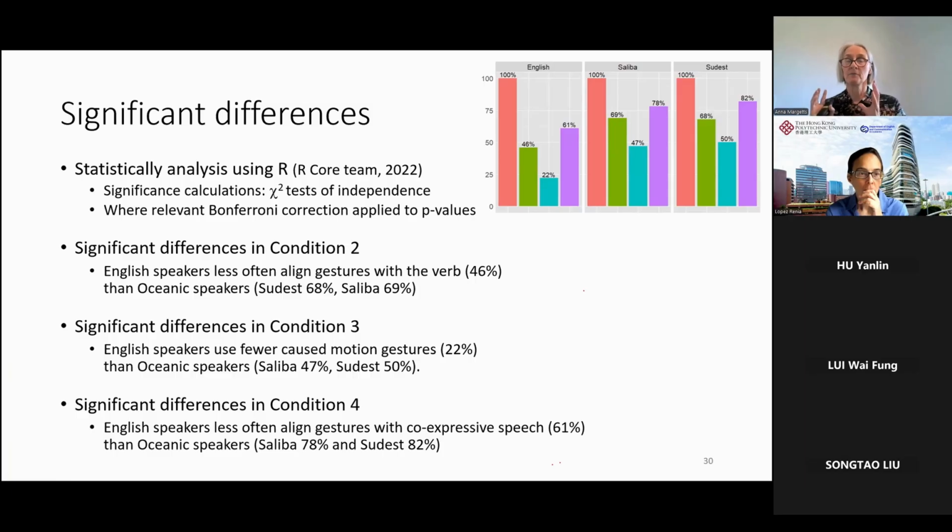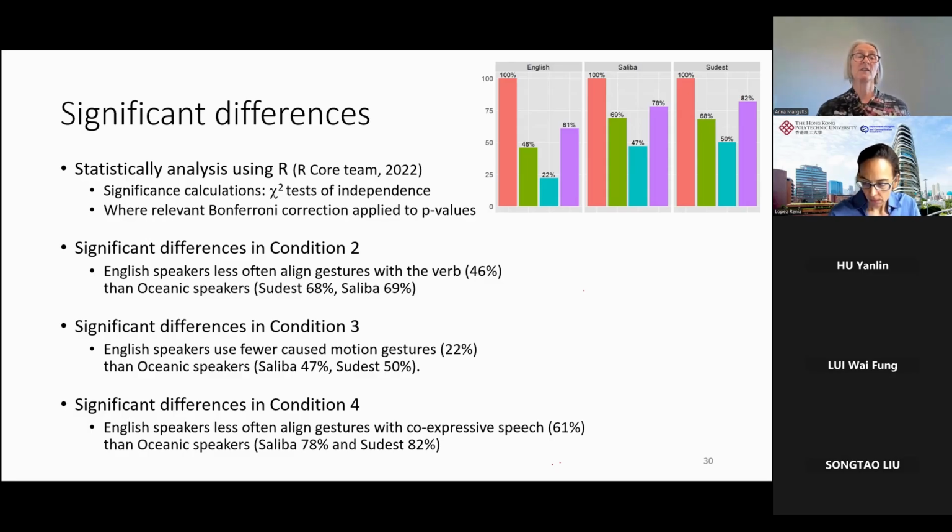Saliba and Sudest are both Oceanic languages, quite closely related, and they pattern very similarly here. We find that in condition 2, the green bar, English speakers less often align gestures with the verb than the Oceanic speakers. So the green bar is shorter for English.